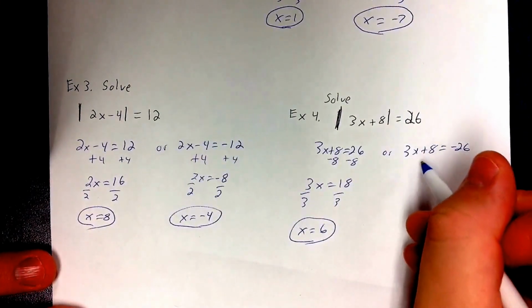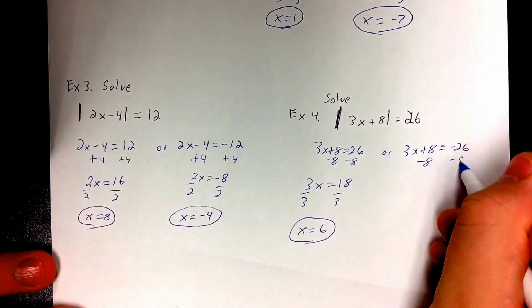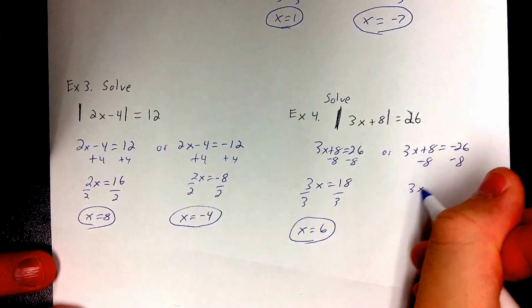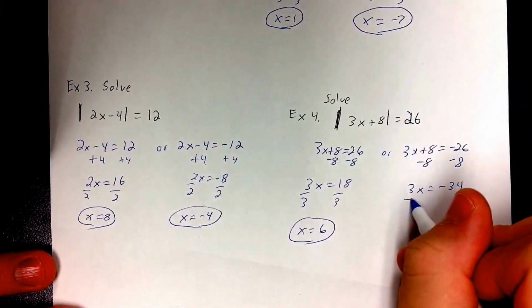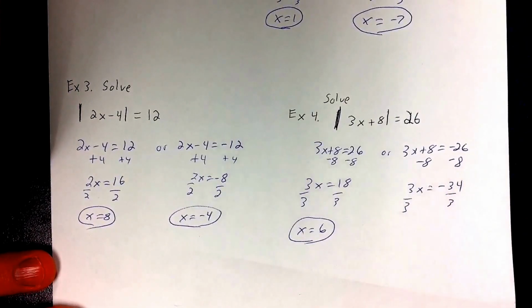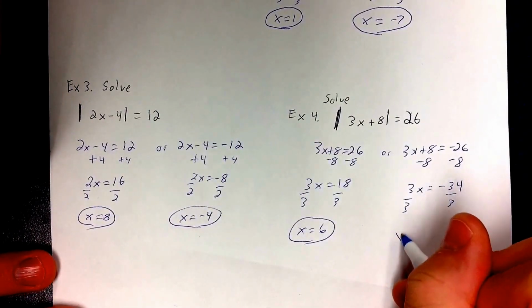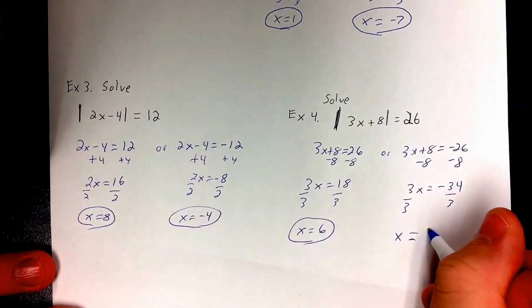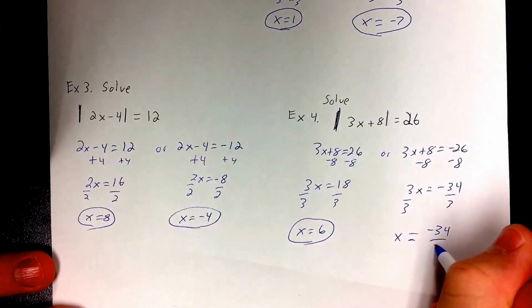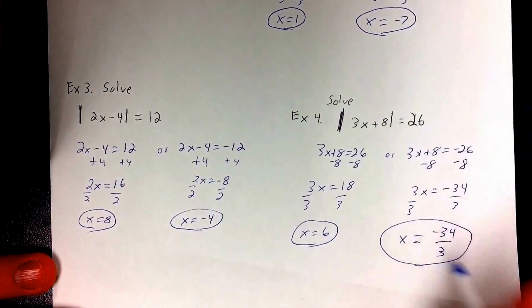Again, same steps, so I'm going to subtract 8 first, and get 3x equals -34, and then divide by 3. Now again, since 3 doesn't go into 34 evenly, and there's nothing I can do to reduce it, I just leave it as -34 over 3.